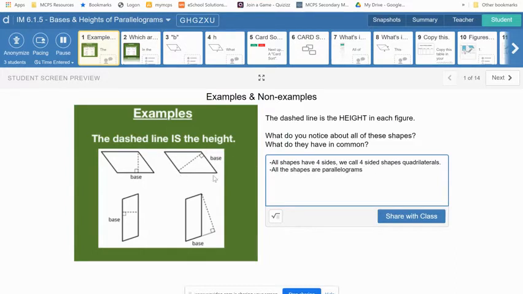That is one pair in this whole shape. If we look to the left side of the shape, this slanted line and this slanted line are also parallel to each other. They will never touch. So this shape has one pair, and then two pairs of parallel lines.